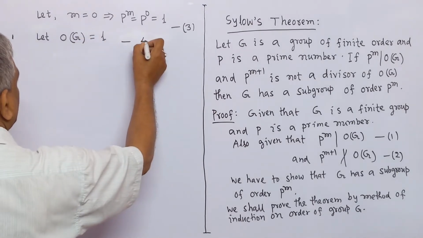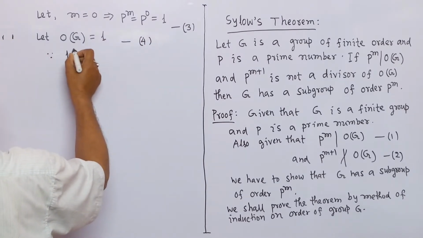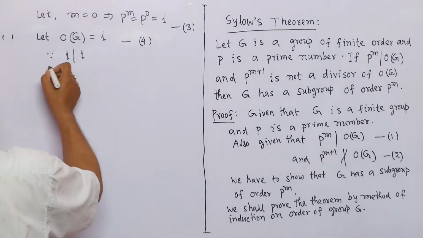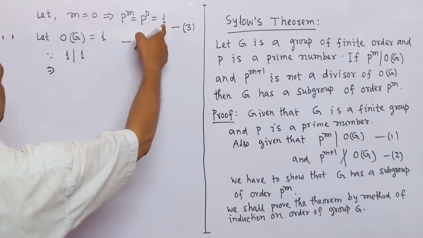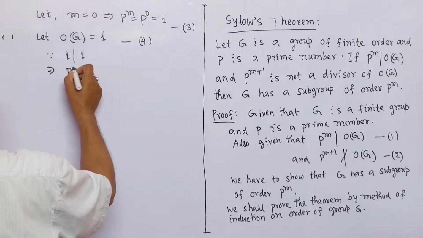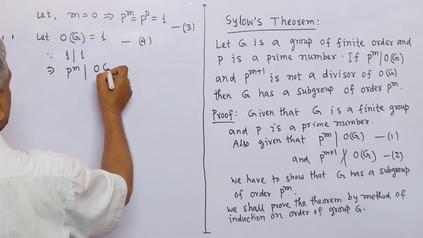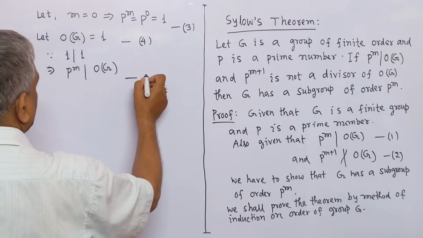Let this is number 4. Since 1 divides 1, implies that this 1, which is P to the power m, divides this 1, which is order of G. This is number 5.